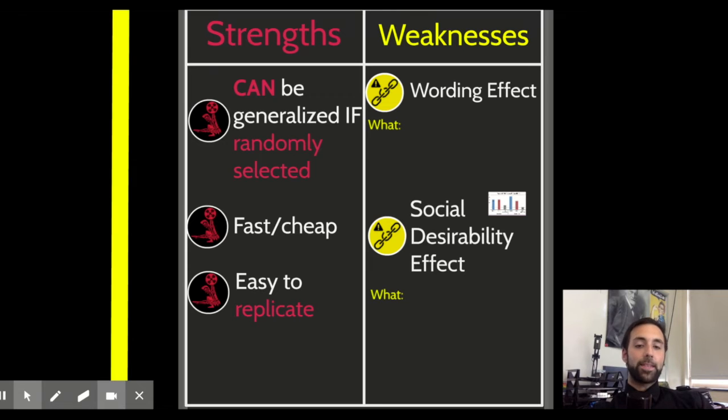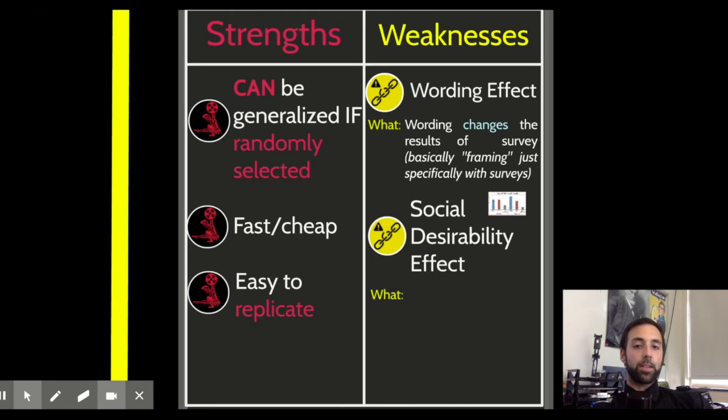In terms of weaknesses, there are a couple weaknesses when conducting surveys. The first of which is what we call the wording effect. If you recall back in Unit 1, we talked about a concept called framing. That was with one of the summer videos. The wording effect and framing are more or less the same thing, but when we talk about the wording effect, we're specifically talking about the results of a survey. But depending on the way you word a question, it can yield differing results.